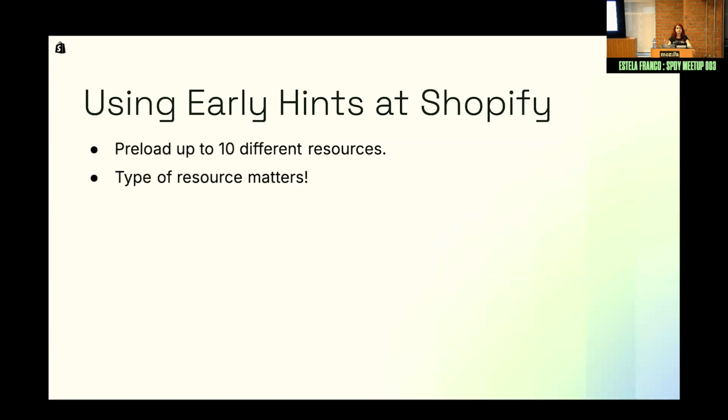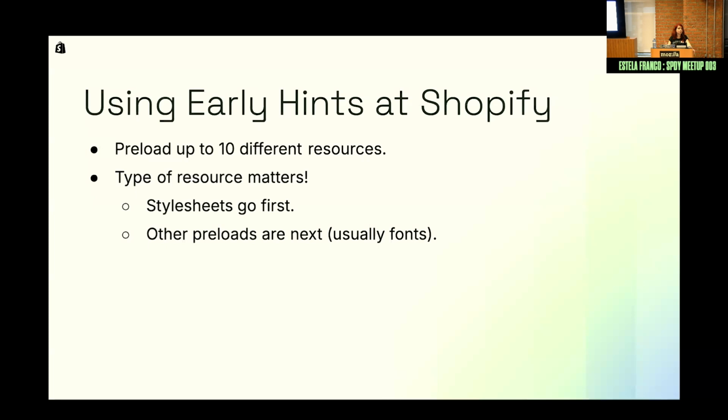And it's really important to understand the type of resources that you are preloading, because Shopify will just select 10, and first, all the style sheets will go first, then other preloads, usually fonts, after that scripts, and lastly, images. So if you are preloading more than 10 resources, keep in mind the type of resources so you will know what will be added and what will be excluded.